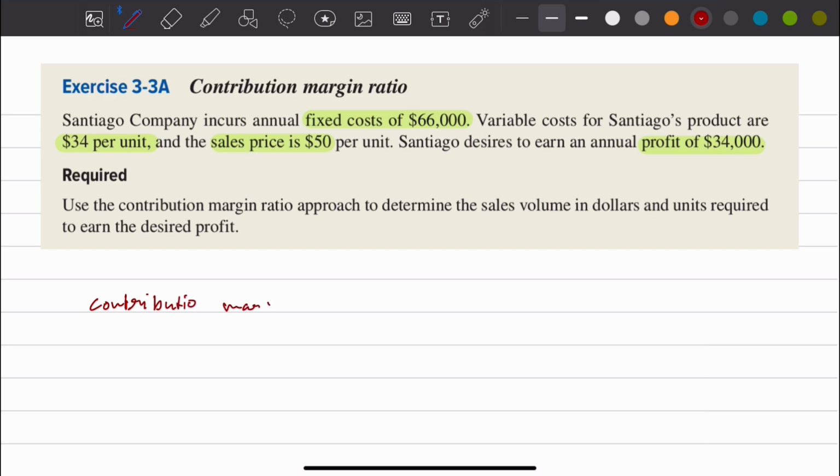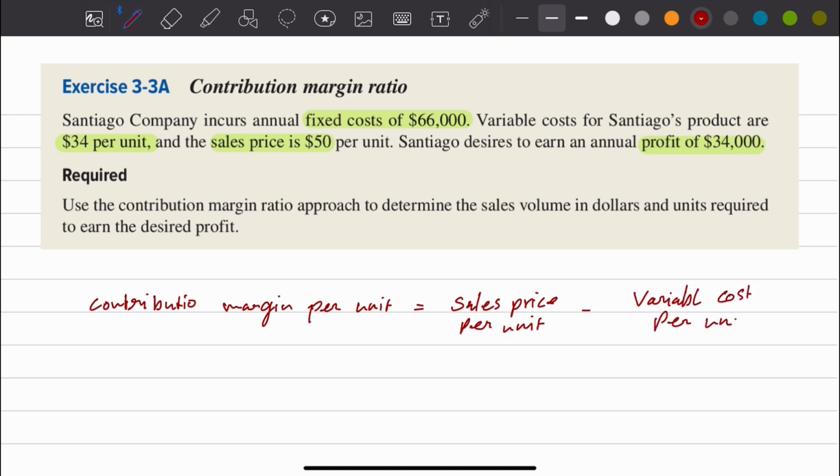contribution margin per unit, which equals the sales price per unit minus the variable costs per unit. Okay?